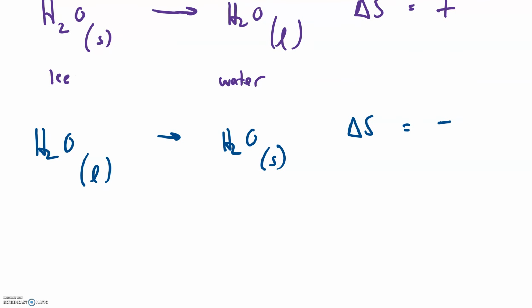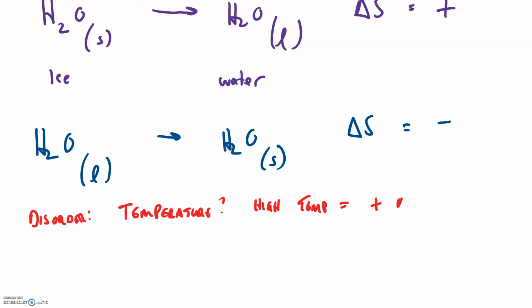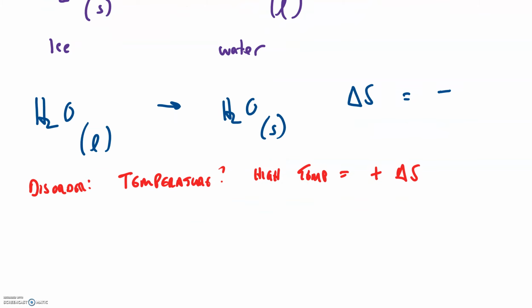So there's other things that we could look at in terms of disorder. Temperature is a good example, because high temperatures will always result in a positive delta S.